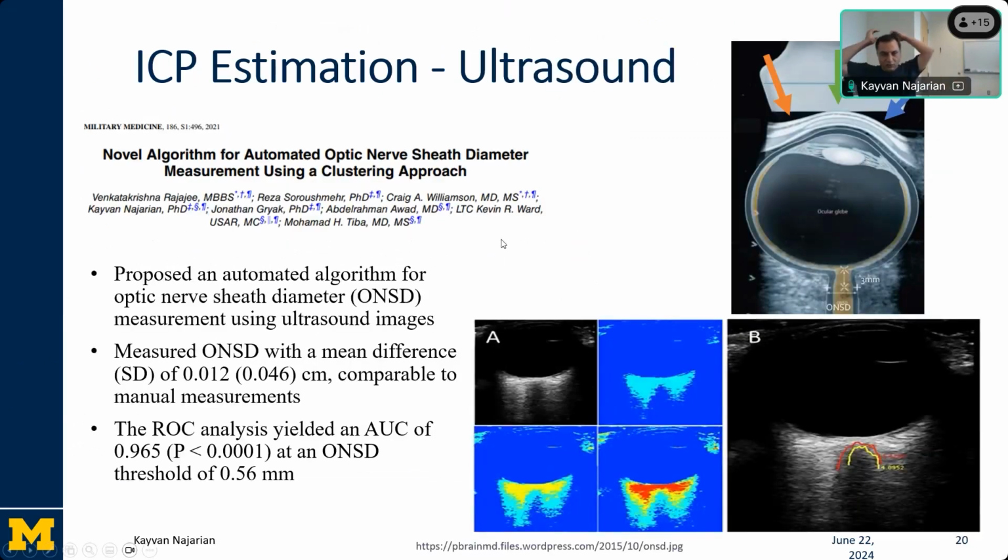So the issue was that we're working with the US Army and other Department of Defense entities that are interested in this problem. And especially in a military setting, it is not very realistic to assume that you have access to a CT, especially at early stages of the injury.